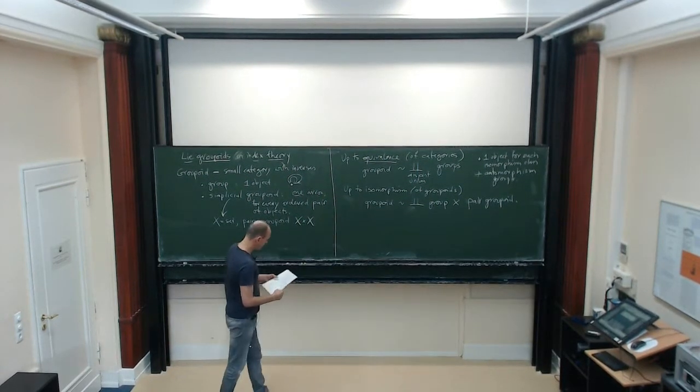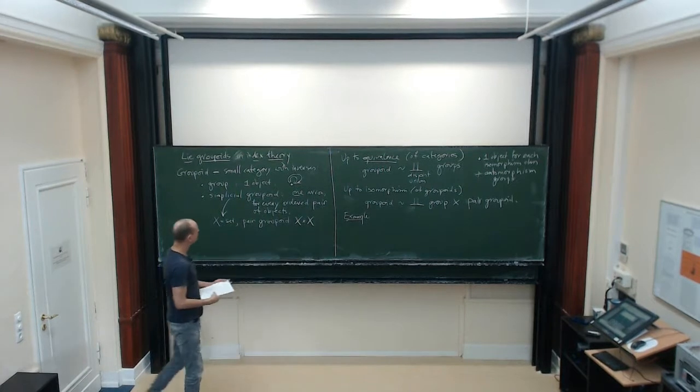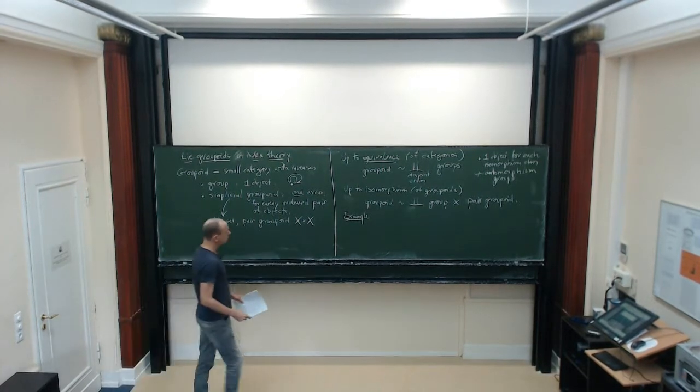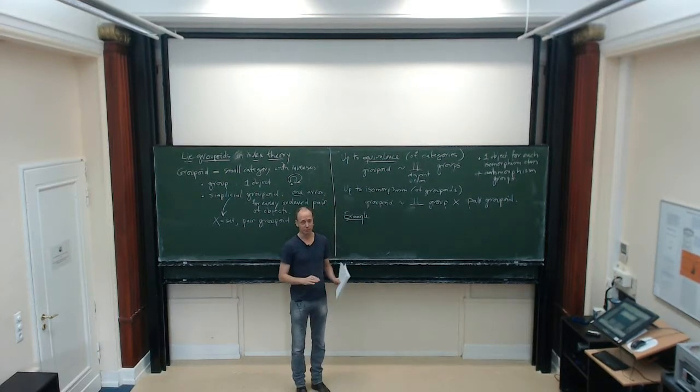Okay, so let's give a simple example before I go to Lie groupoids. The fundamental group is really a fundamental groupoid initially in the most natural way.